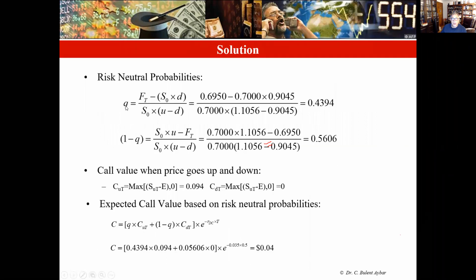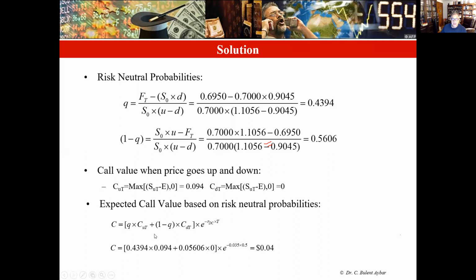So Q, the up movement probability, given the parameters that we have, is 43.94%, and the down movement is 56.06%. The call value in the upper branch when the price goes up is 0.094, and when the price goes down, it is below 0.68, so it has zero value.